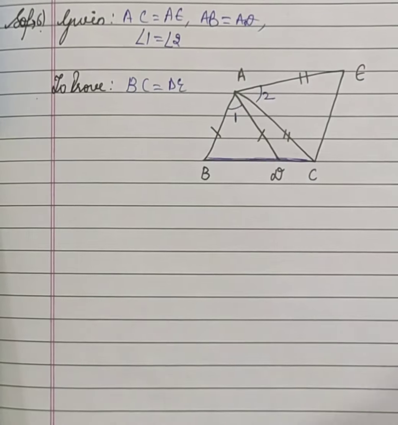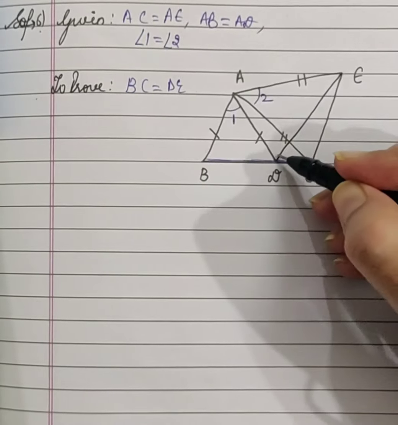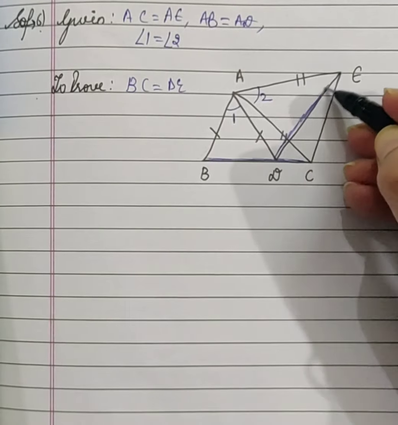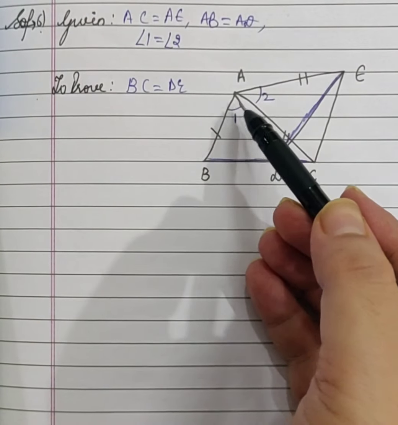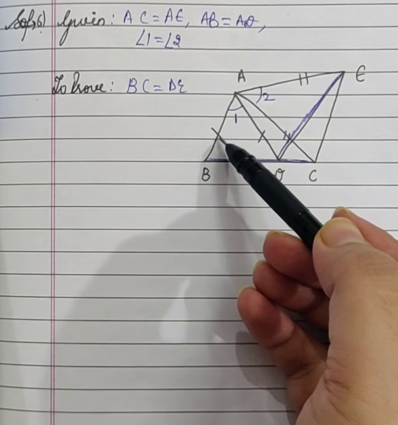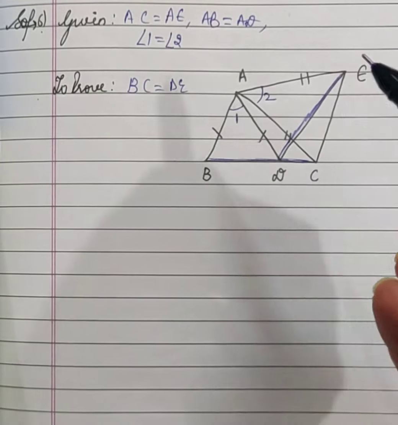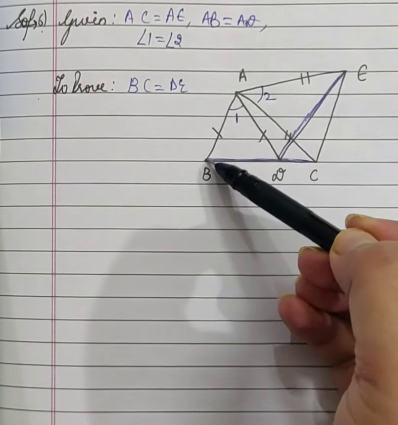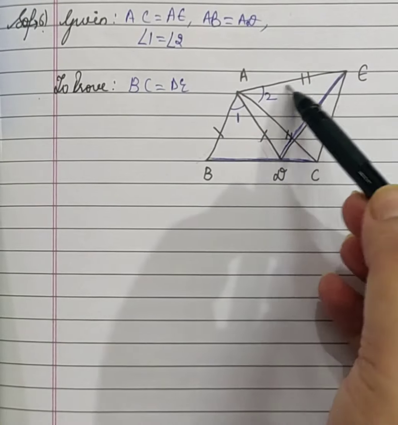This is already joined in the question. So we need to prove these two sides are equal. Suppose this angle 1 is actually equal to angle 2, and these sides are given equal. If I take the original conditions only, I can easily prove triangle ABD is congruent to triangle ACE.